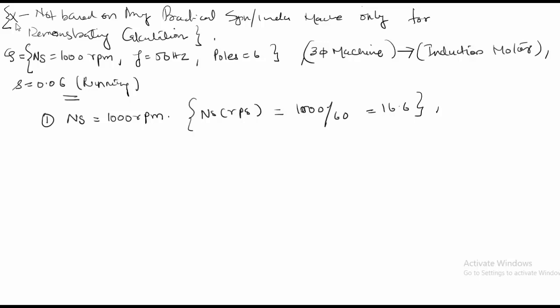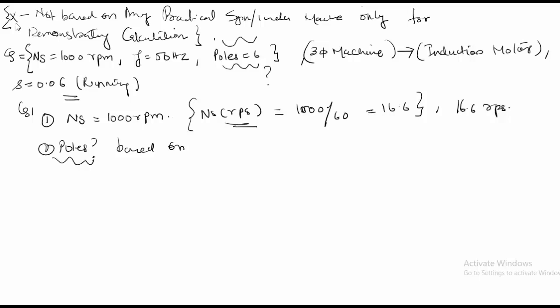Suppose your Ns is given, but at the same time your poles are not given. So how to find the poles? Question 1 is to convert it to rps, so this is the synchronous speed in rps, and the second question is how to find the poles if they are not given. Well, it is given as 6 poles here, but if it is not given, then based on Ns, the equation for the synchronous speed is Ns equal to 120 f by p.